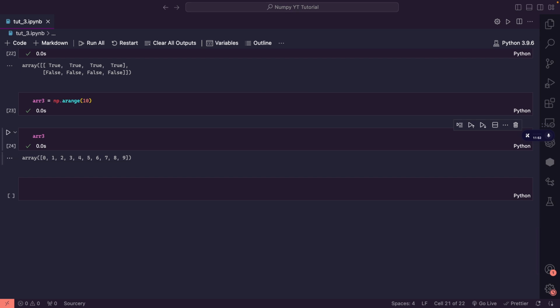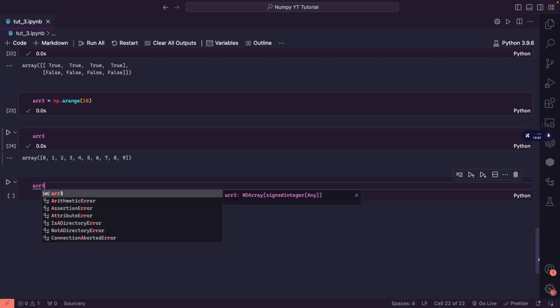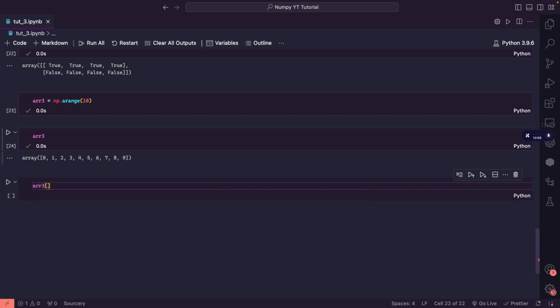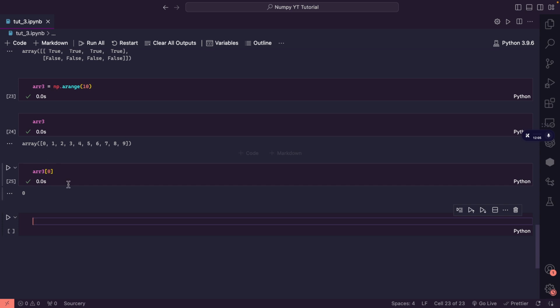But let's get started with our indexing. Suppose we want to choose the value at position 0. We're saying give me the value in the zeroth position. And what is the zeroth position?